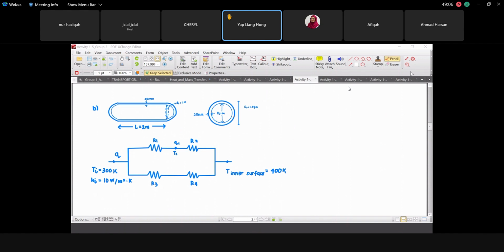Sorry. Let's come back to the very original equation. Q depends on what?